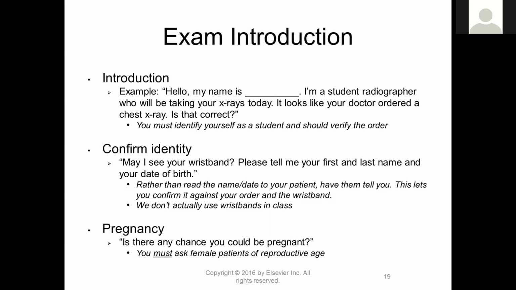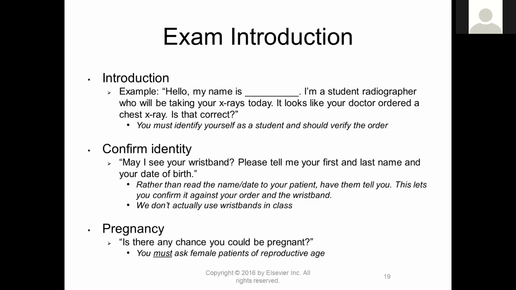Sometimes orders are incorrect. Sometimes something goes wrong and you have the wrong patient. This is a chance to correct the error before something bad happens. So if you have a chest x-ray, you can confirm that with your patient.